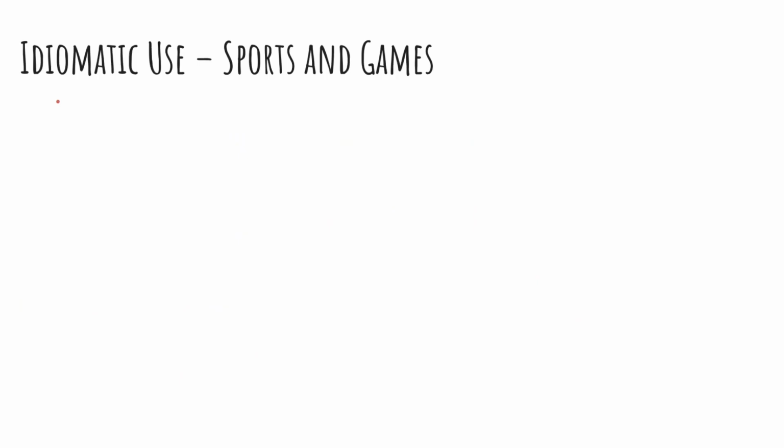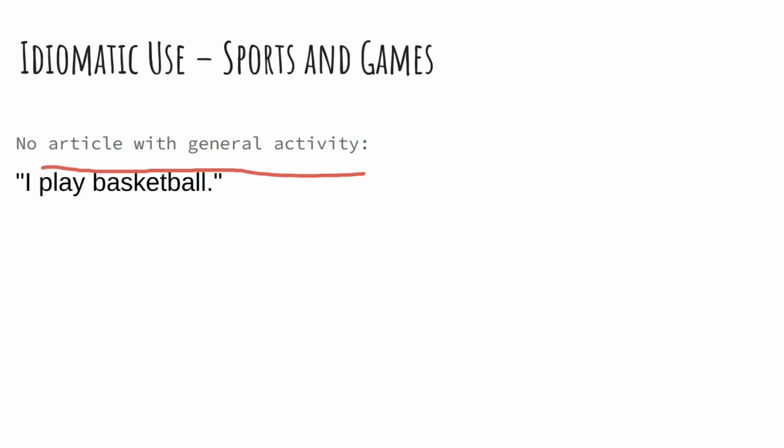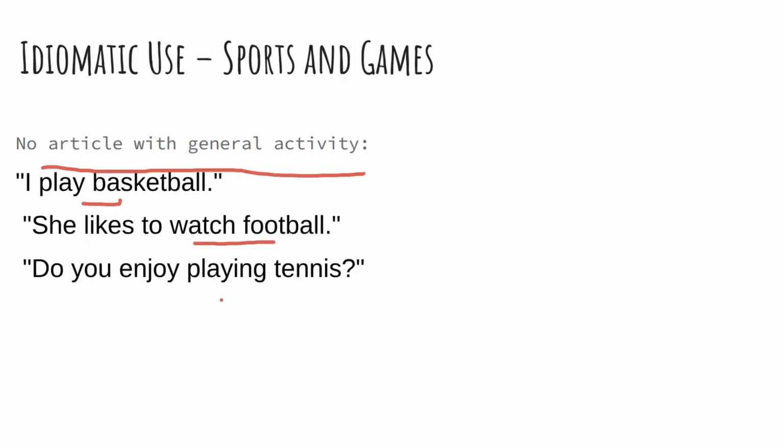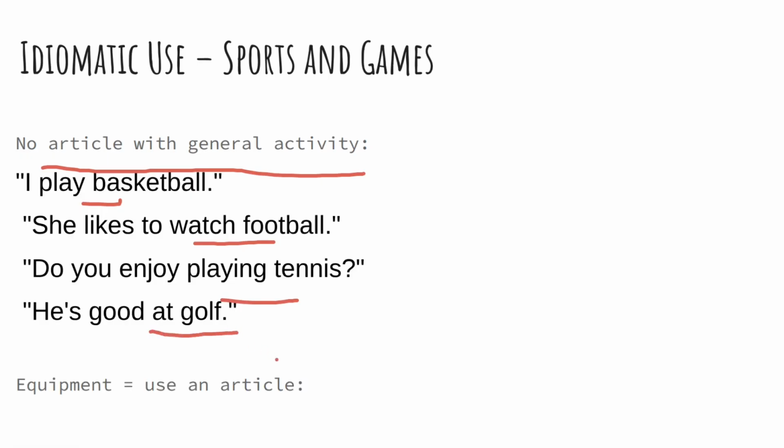No article is used before the names of most sports or games when talking about the activity itself. Rule is use the zero article when referring to playing or watching a sport in general. Examples: I play basketball. She likes to watch football. Do you enjoy playing tennis? He's good at golf. Note, if you are talking about the equipment, which is a countable noun, you would use an article. I need a new basketball.